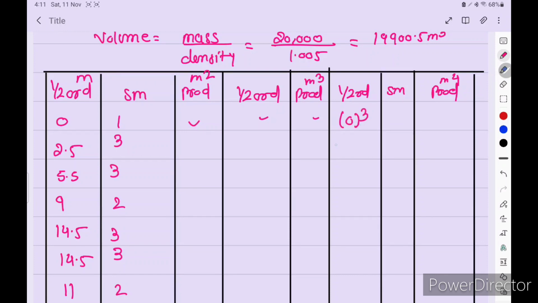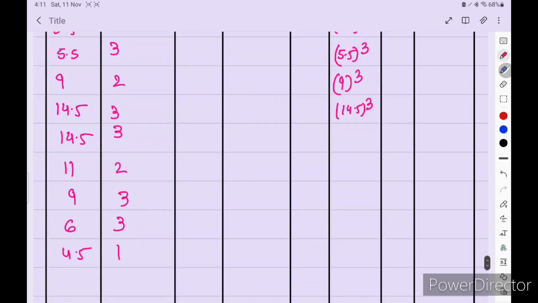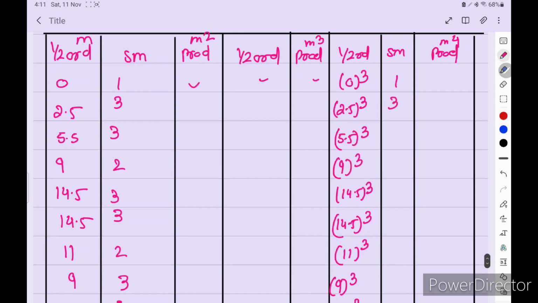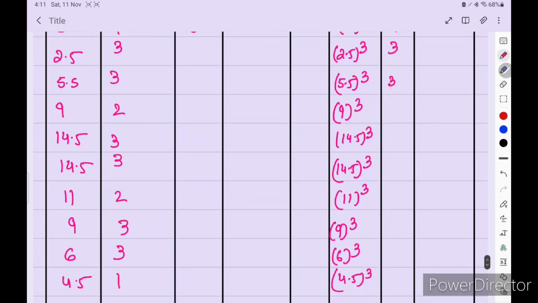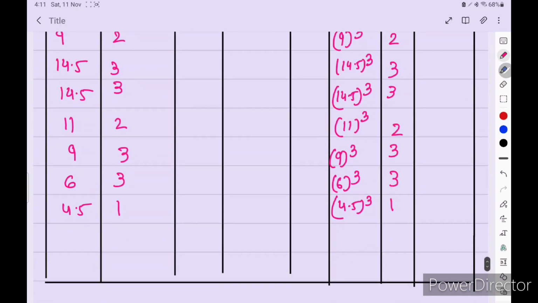So 0 cubed, 2.5 cubed, 5.5 cubed, 9 cubed, 14.5 cubed, 14.5 cubed, 11 cubed, 9 cubed, 6 cubed, 4.5 cubed. System multipliers are the same: 1, 3, 3, 2, 3, 3, 2, 3, 3, 1.